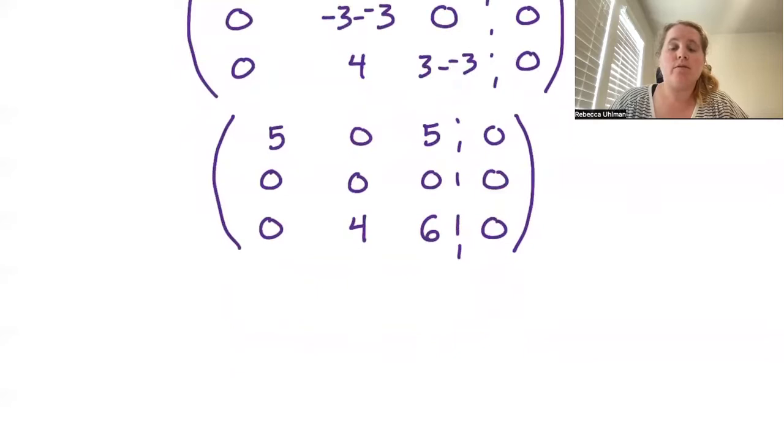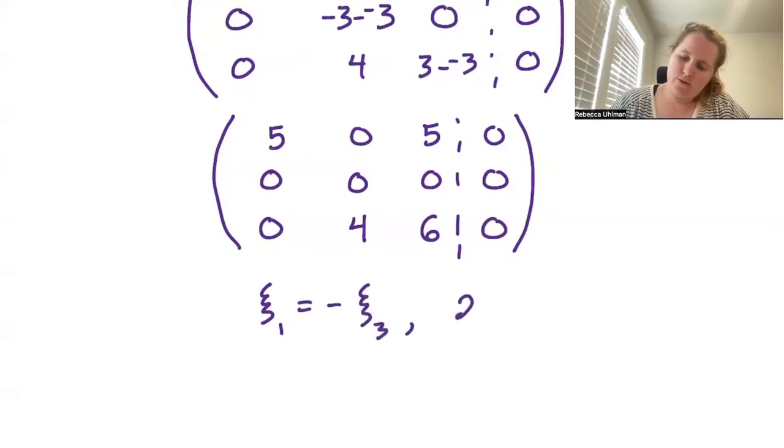We do have a free variable. We can write both xi1 and xi2 in terms of xi3. So we have xi1 should be negative xi3, and 2 times xi2 should be equal to negative 3 times xi3.